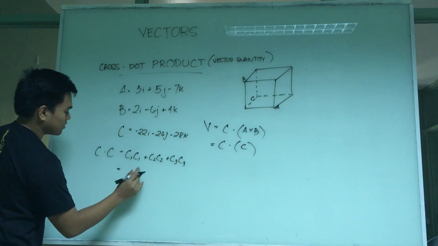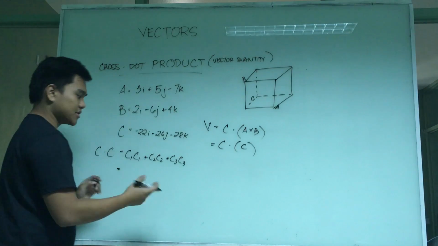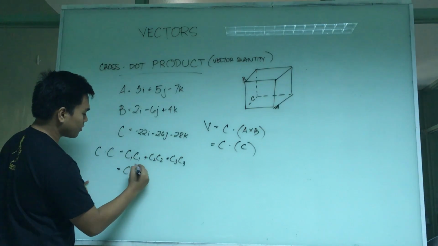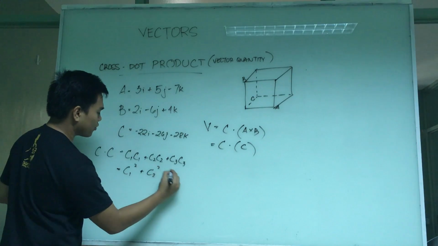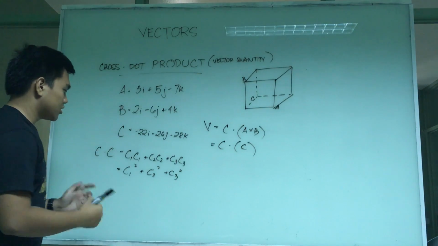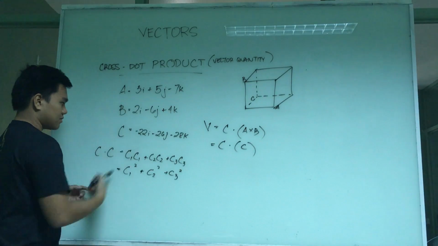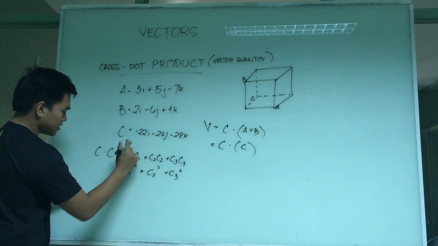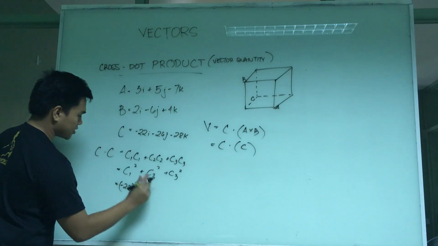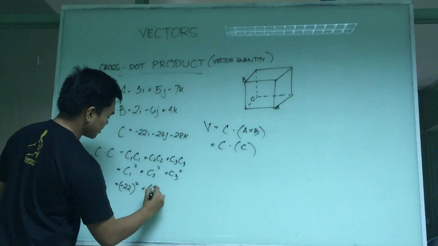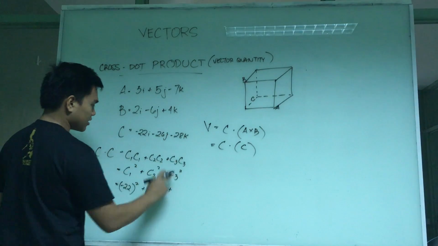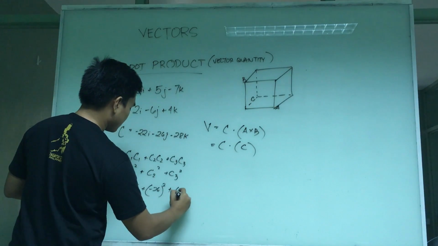Since these are the same values, we can just square them, writing c1 squared plus c2 squared plus c3 squared. Let's substitute the values: c1 is negative 22 squared, plus c2 is negative 26 squared, lastly negative 28, which is c3, squared.